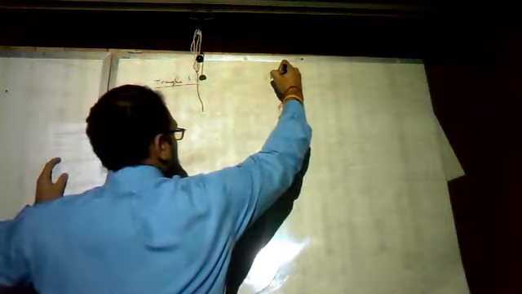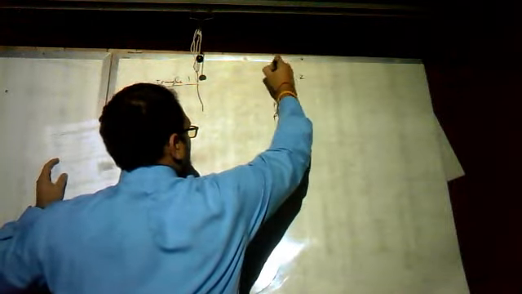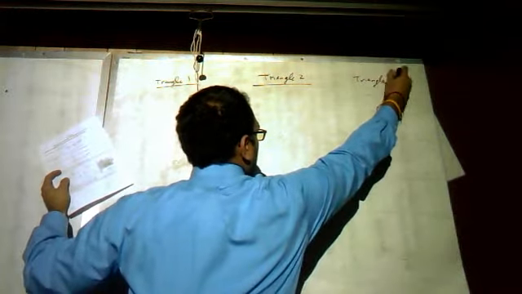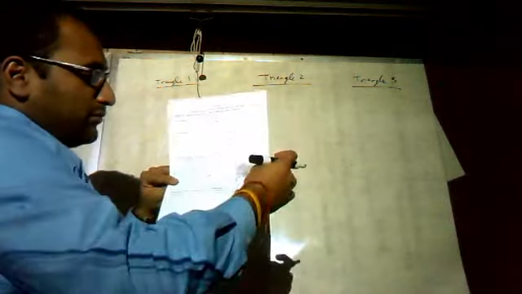So triangle 1, triangle 2, and triangle 3. And notice that these triangles are just like the problems that we were working, except now it's a little more challenging. They're tilted on their side. So just imagine it tilted on its side whenever you're drawing your triangles.